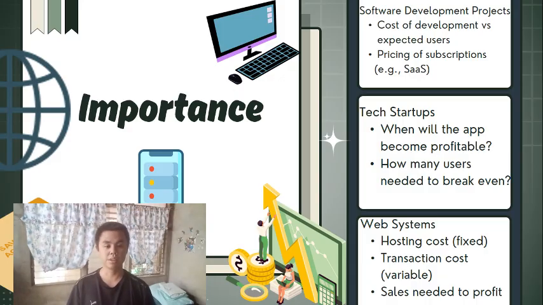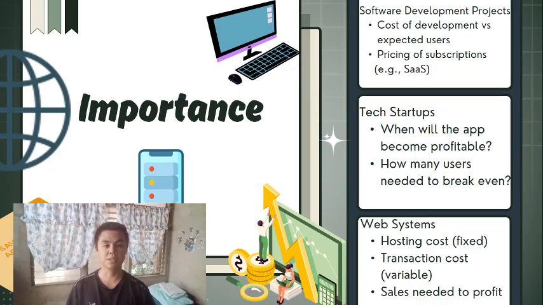In real-world applications, in the technology sector, these calculations are applied across various project types to ensure sustainability. For software development projects, it helps balance the cost of development against the number of expected users, and informs the pricing of subscriptions like SaaS.